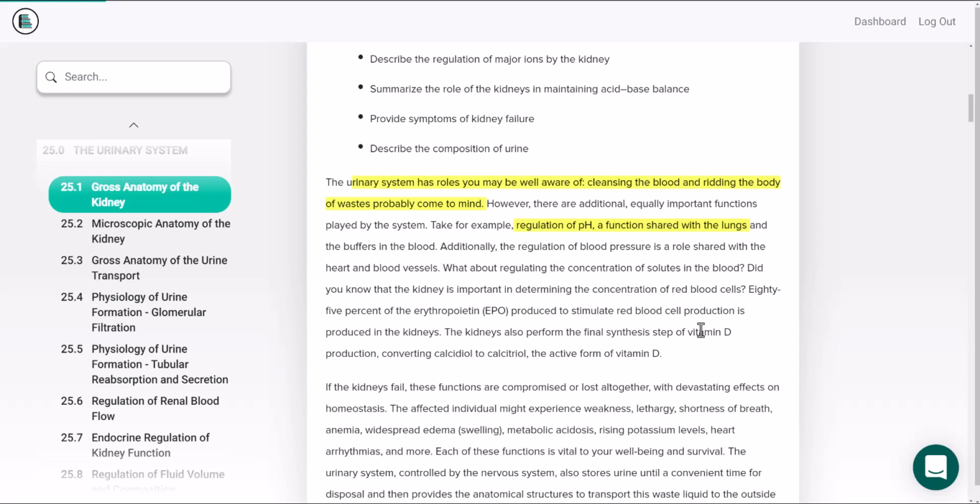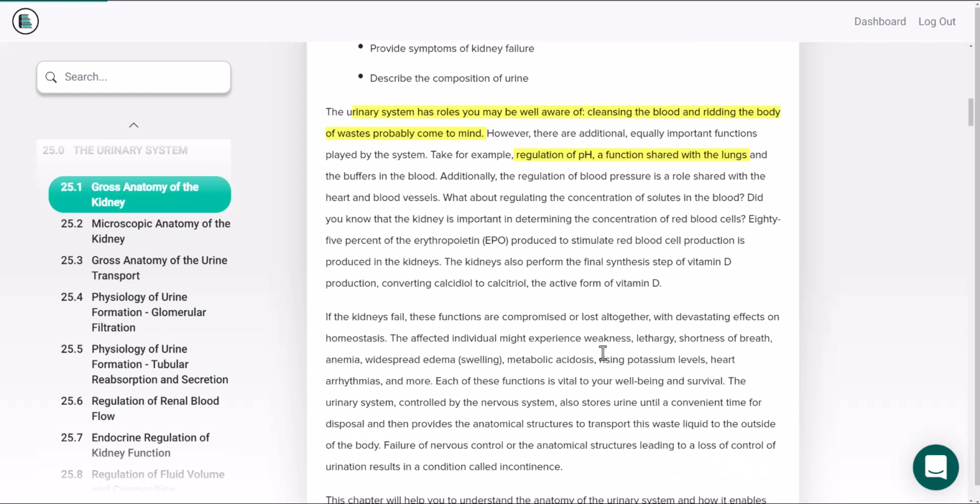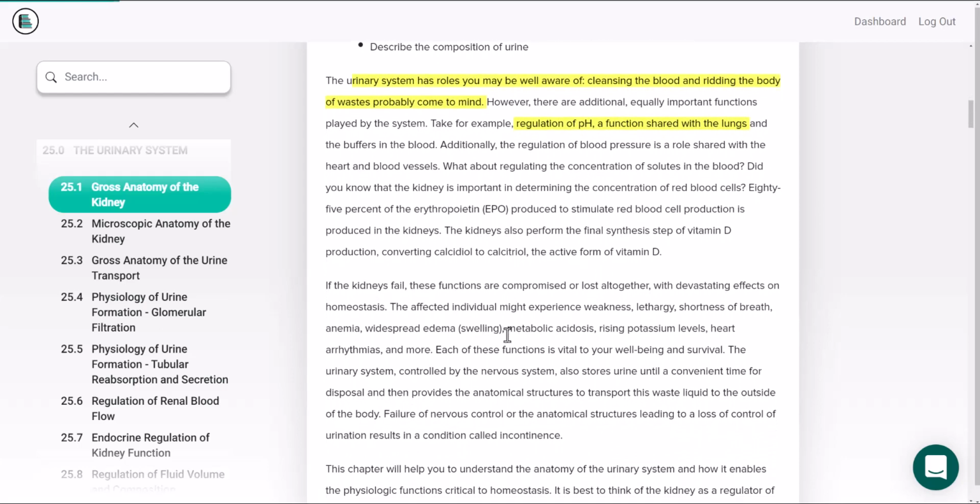So yet another connection. When you talk about the urinary system, there are so many connections between respiratory and integument and digestive and cardiovascular. Again, if the kidneys fail, then not only is there an accumulation of fluid, that fluid accumulation can cause swelling in the body. It can cause shortness of breath because there's fluid accumulating around the lungs.